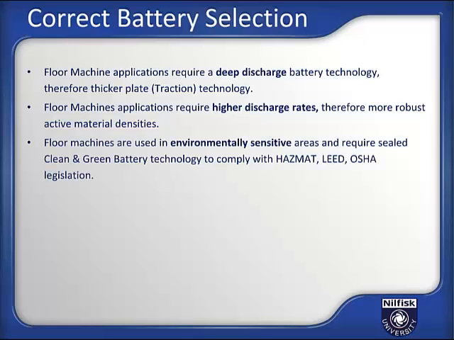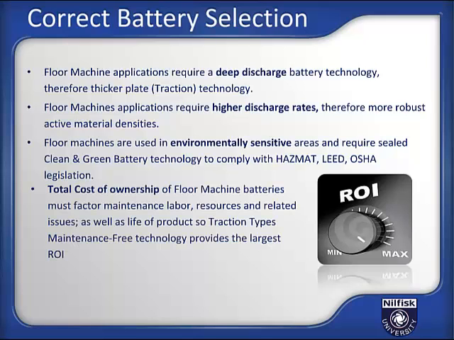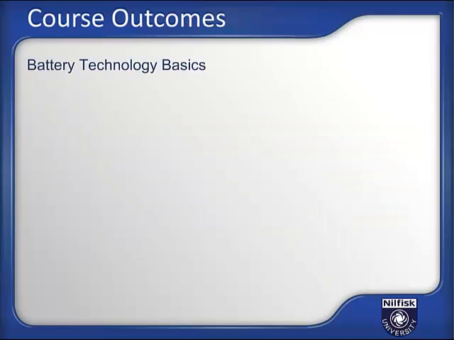Floor machines are used in environmentally sensitive areas and require sealed, clean and green battery technology to comply with hazmat, LEED, and OSHA legislation. When looking at the total cost of ownership of floor machine batteries, you must factor in maintenance labor, resources, and related issues, as well as life of product. So traction type maintenance-free technology provides the largest return on your investment.